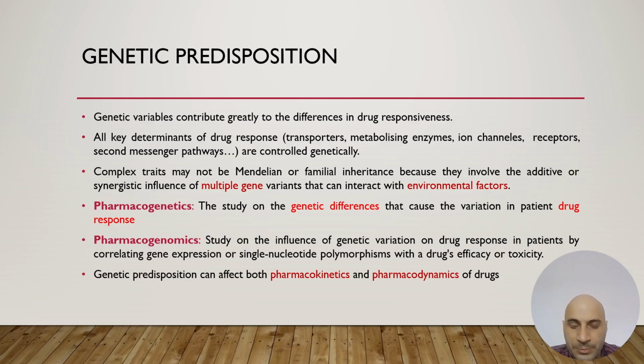So the pathway of the drug inside the cell is all controlled by genetics that make the proteins that handle the drugs. Complex traits may not be Mendelian, it's not always hereditary. They are additive factors. Multiple genes can be in effect. Environmental factors can also be in effect.